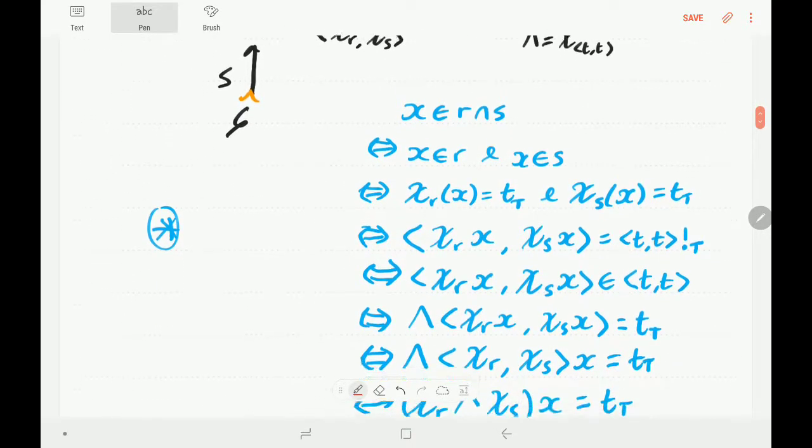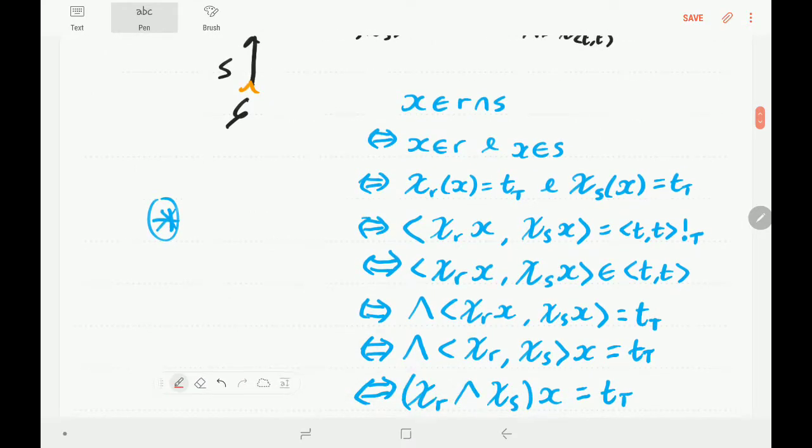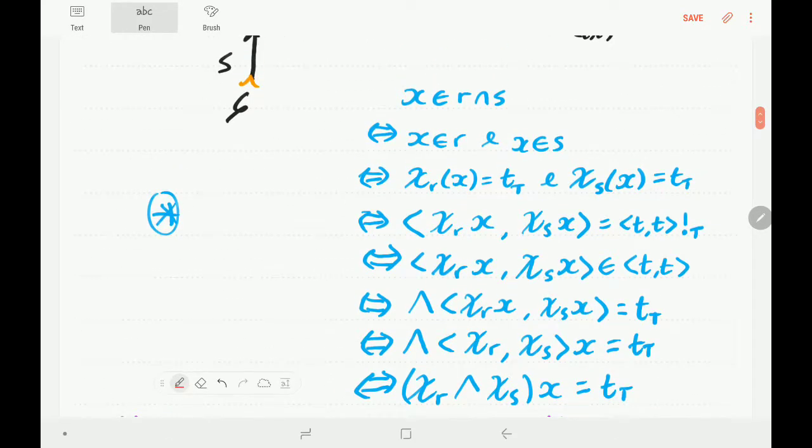Anyway, this is the argument. This is quite sweet. So we have that X is in R intersection S if and only if X is in R and X is in S. That's just using the basic properties of intersection.